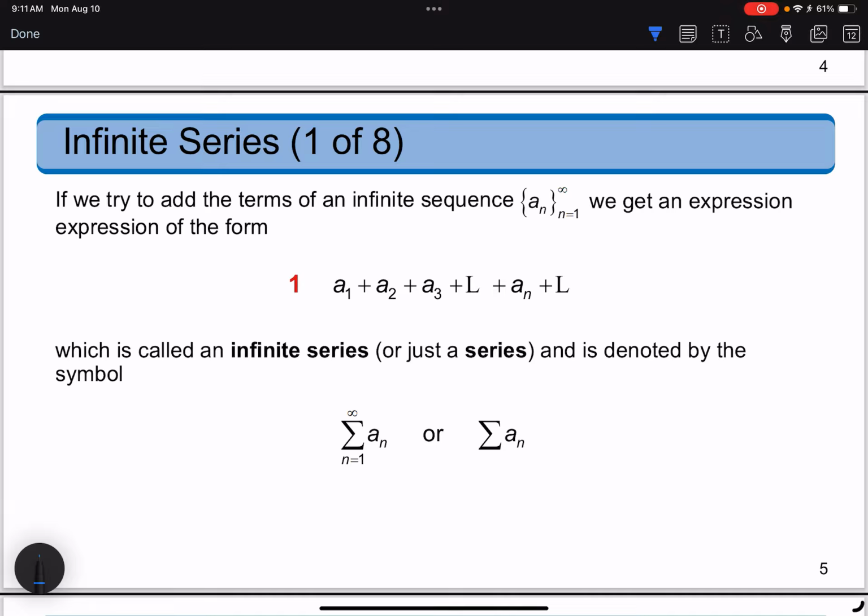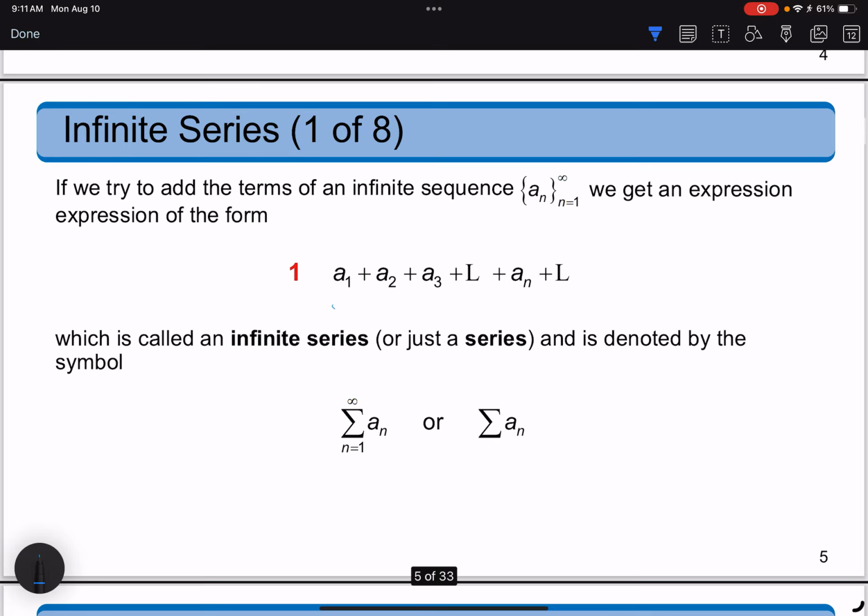For the infinite sequence a sub n for n equal to 1 to infinity, we get an expression of the form a sub 1 plus a sub 2 plus a sub 3 plus and so on, plus a sub n and so on, which is called an infinite series, or just a series.